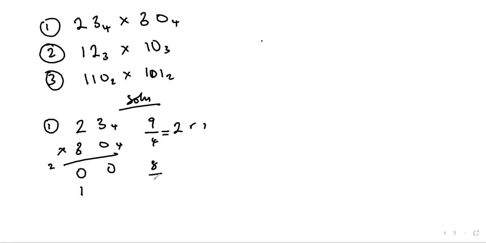So 8 divided by 4 will be 2, remainder 0. So you write the remainder here, 0, and carry 2 and bring it over. So when you add that, that will be 0, 1, 0, 2, base 4.